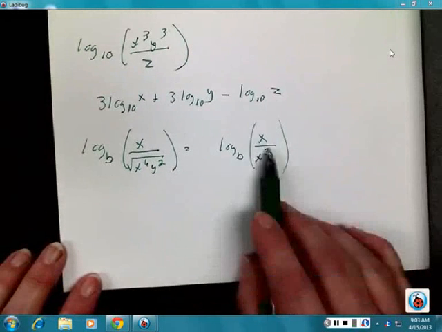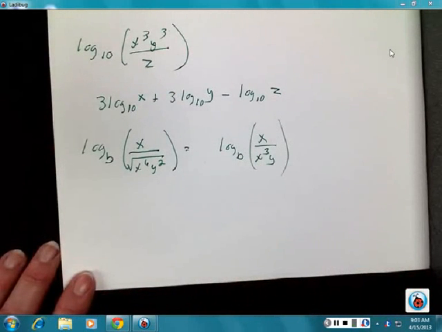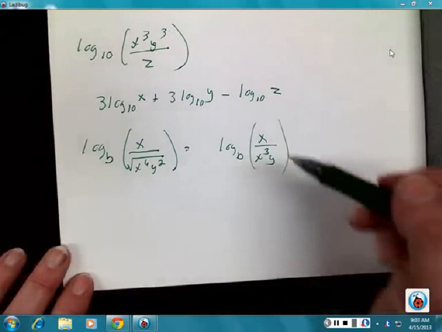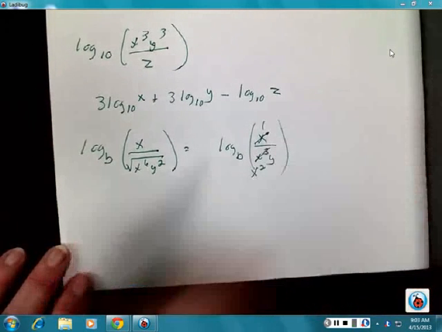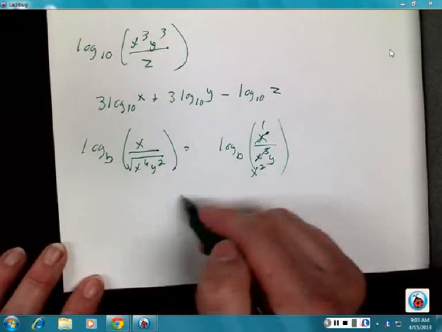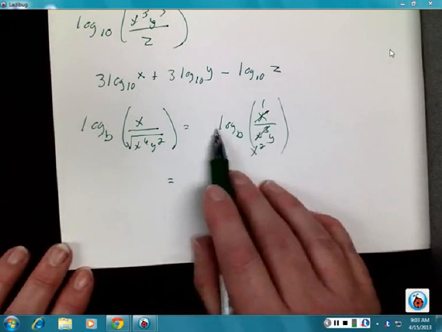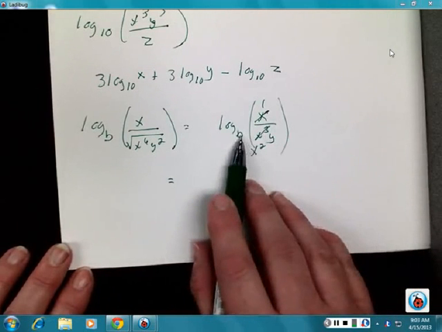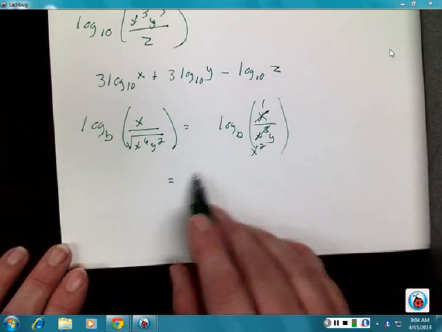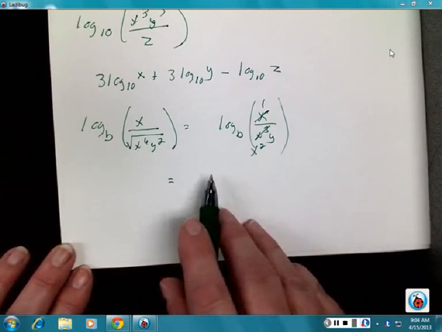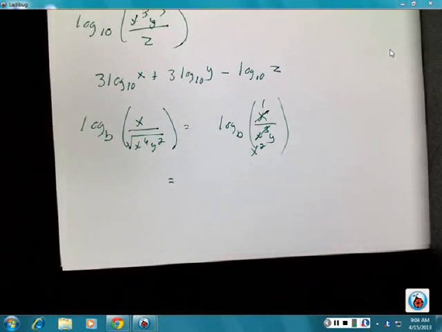But if I still look inside of here, what do you notice also? This x and this x to the 3rd can cancel, leaving me with 1 on top. So what does this mean when I get around to writing it out in longhand? I could say that I have log b to the 1st power in the beginning, but log b to the 1st power is equal to, what did we find out before? 0 actually, because there's nothing really there.